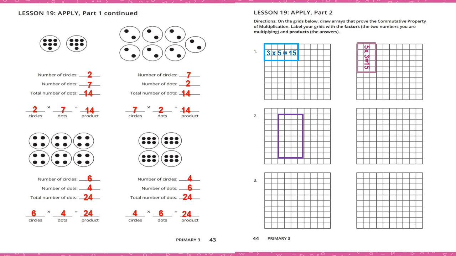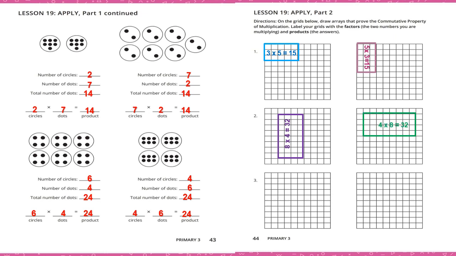Another example, I will draw this rectangle. Inside this rectangle we have an array. How many rows do we have and how many columns? 8 rows and 4 columns. The commutative property for it will be 8 times 4 equals 32, so 4 times 8 equals 32.